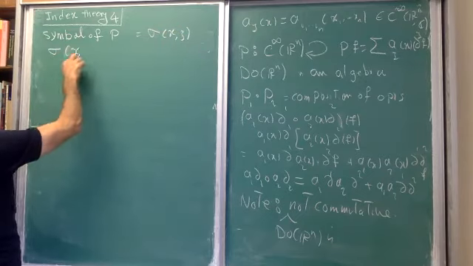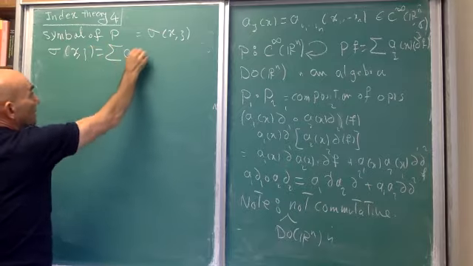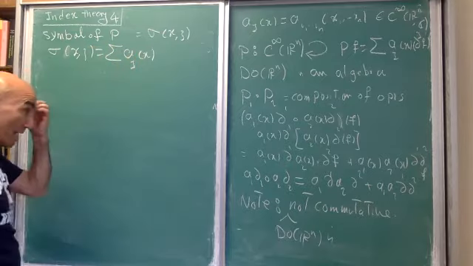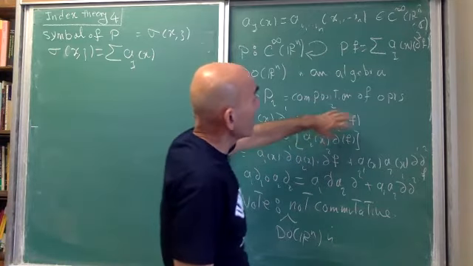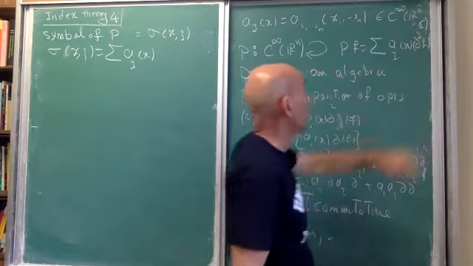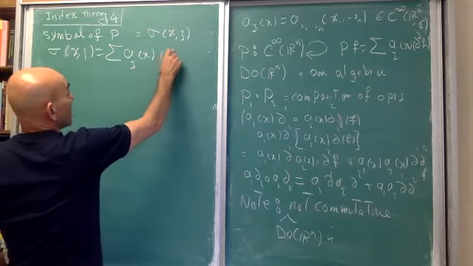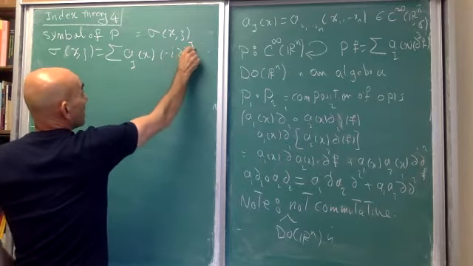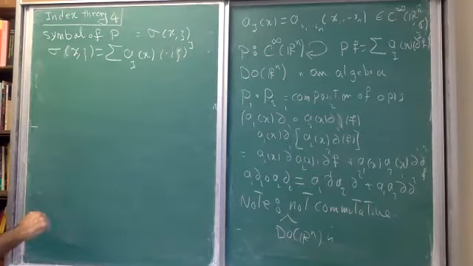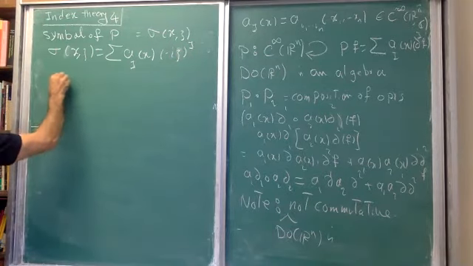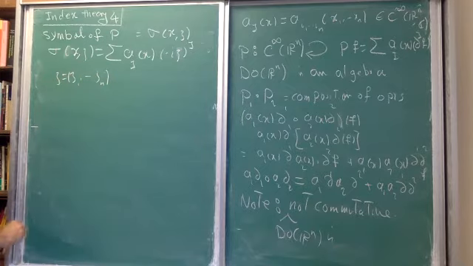I denote it by sigma(x, xi). The value of the symbol of P at x and xi is equal to the sum of a_I(x), where I want to replace D_i not by xi, but by minus i xi. Let me explain. First of all, xi is equal to (xi_1, ..., xi_n).